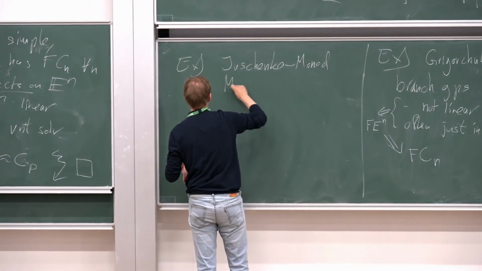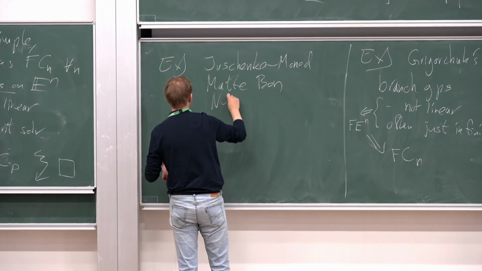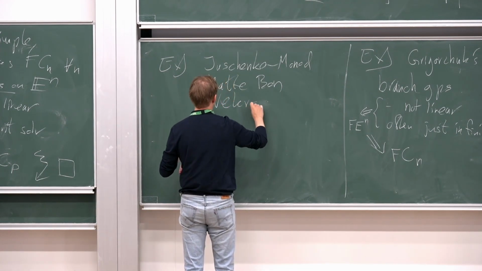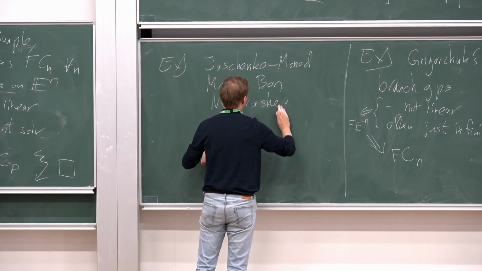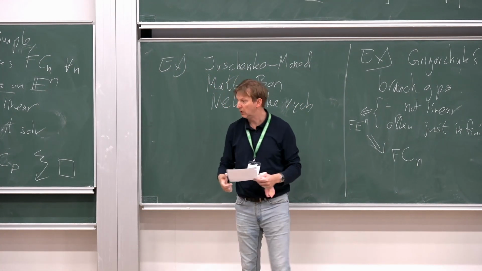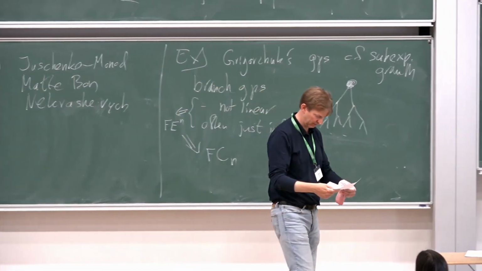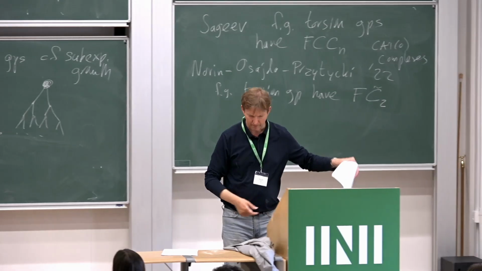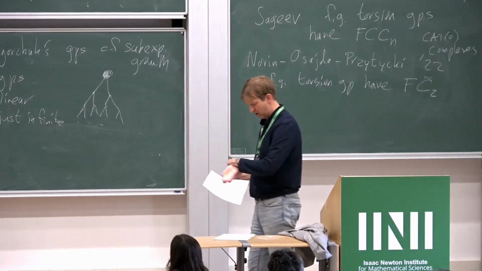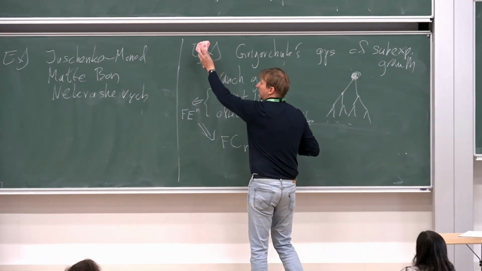And there is also another construction by Matte Bon and Nekrashevych, that such groups exist, infinite ones. Okay, so now let's see if we can prove the main theorem. Do you have any questions?